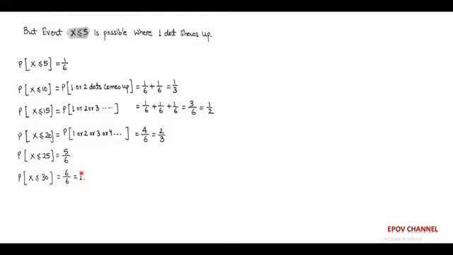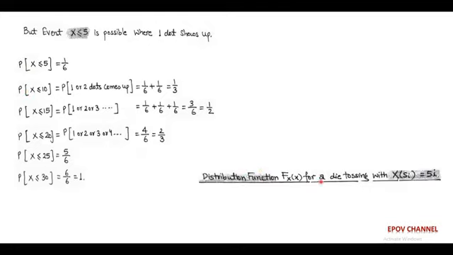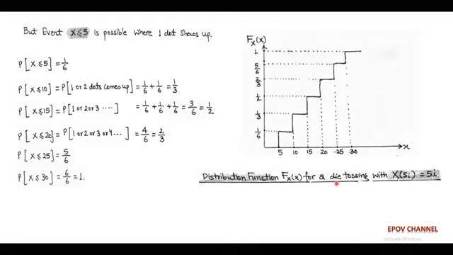Now, using the concept of cumulative distribution function and a set of rules, the distribution function can be represented graphically and based on the statistics and interpretation. For real number x equals 5, the CDF is 1/6. For x equals 10, it is 1/3. For 15, it is just half.